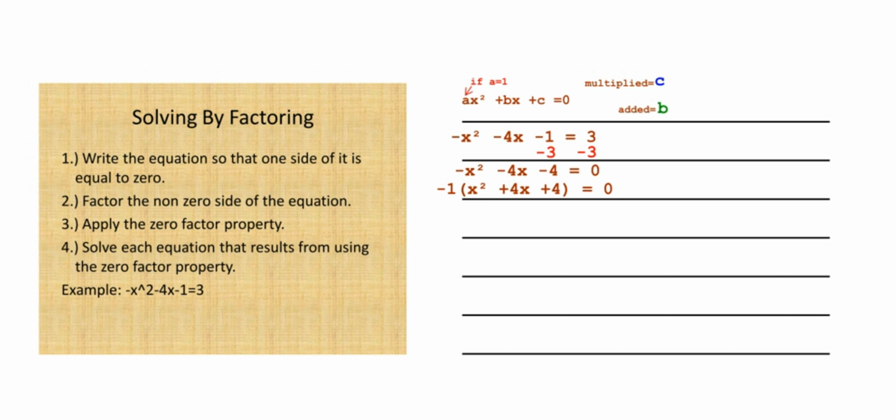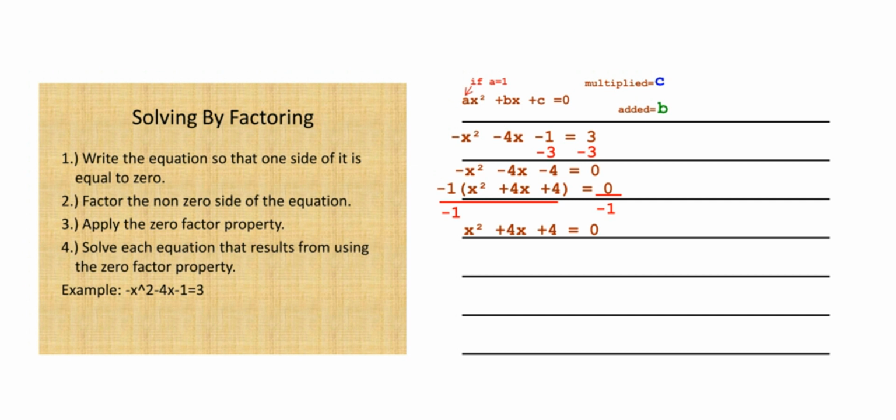Once we factor out a negative 1, we can divide it out. So let's divide by negative 1, and since the other side is equal to 0, 0 divided by negative 1 is 0, agreed? Negative 1 divided by negative 1 on the left side cancels out, giving us just a positive 1. So there it is, our simplified form: x squared plus 4x plus 4 equals 0.